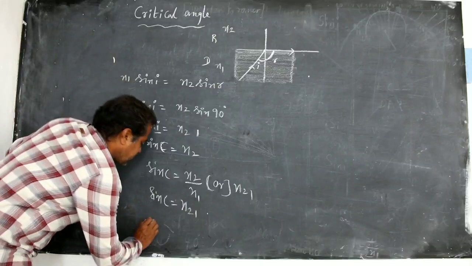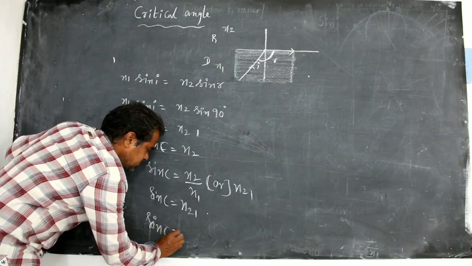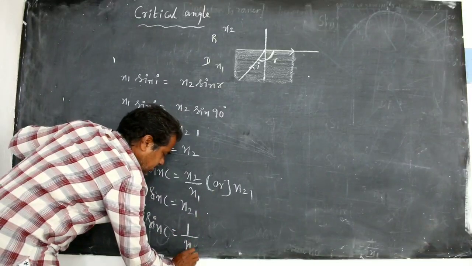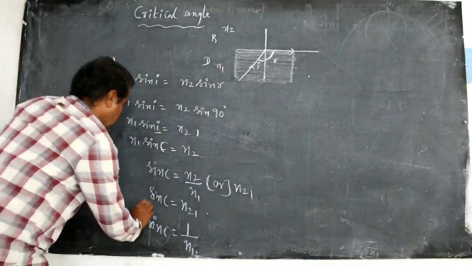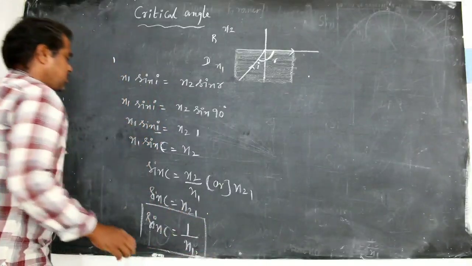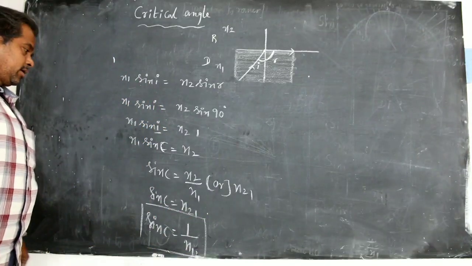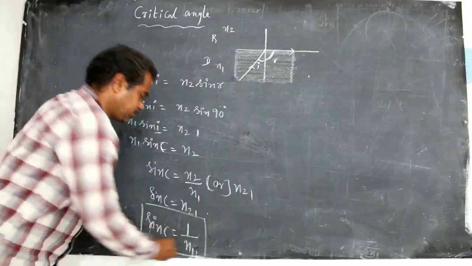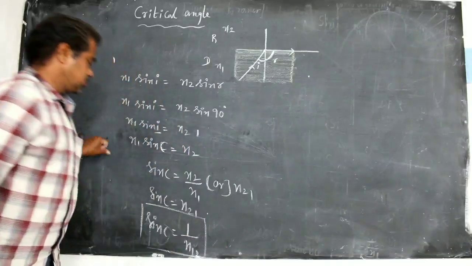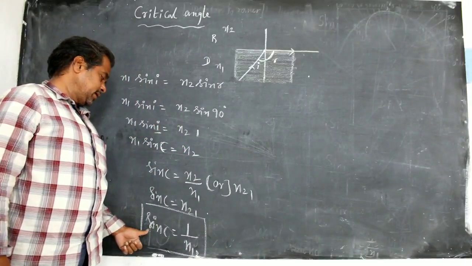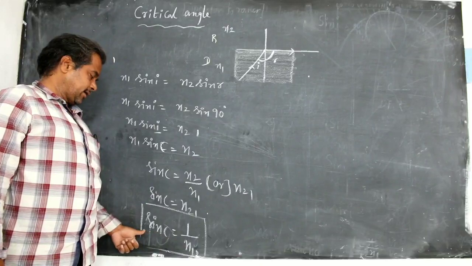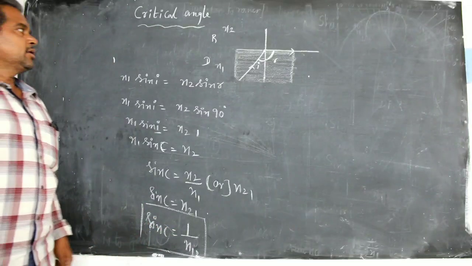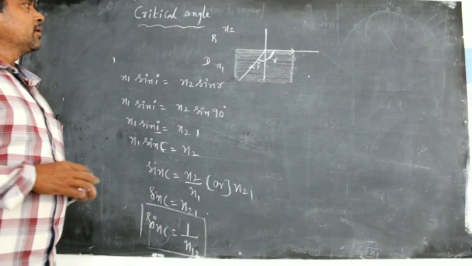It can also be written as sin C is equals to 1 by N12. So this is the algebraic expression for critical angle: sin C is equals to 1 by N12. So here also one phenomenon is there.